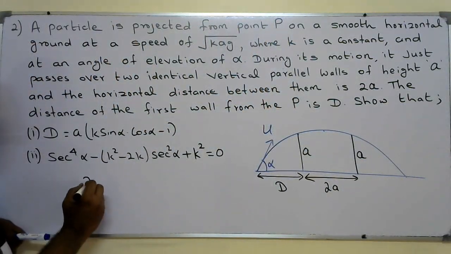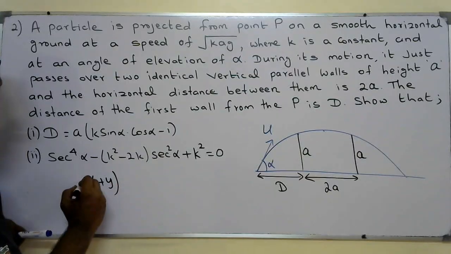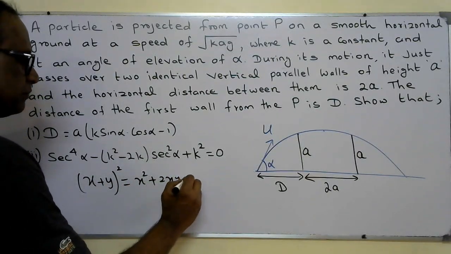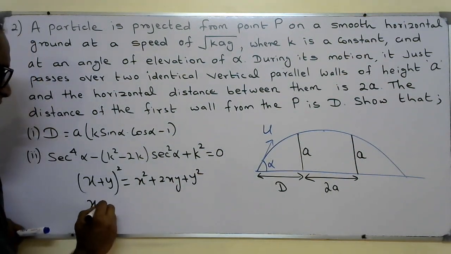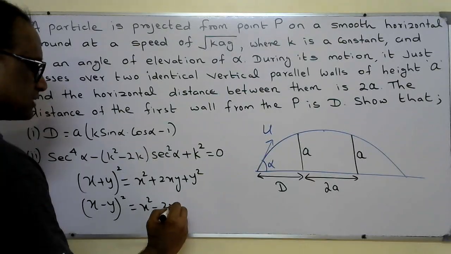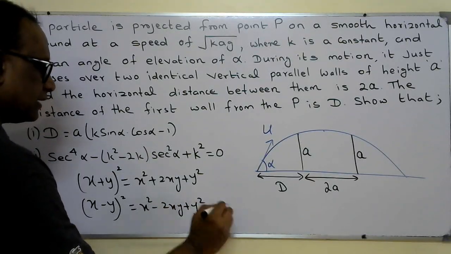For example, we know that x plus y all squared is equal to x squared plus 2xy plus y squared. x minus y all squared equals x squared minus 2xy plus y squared.